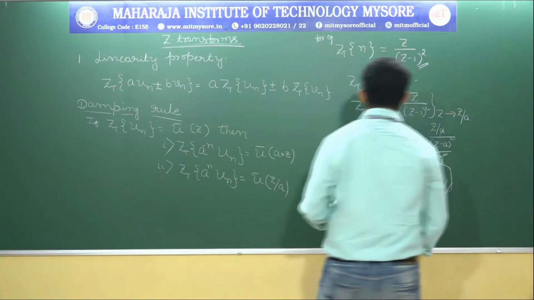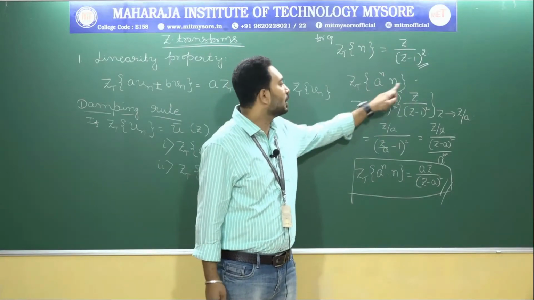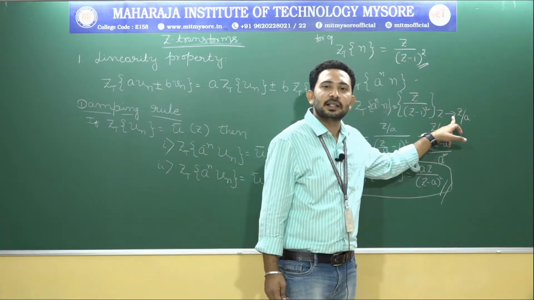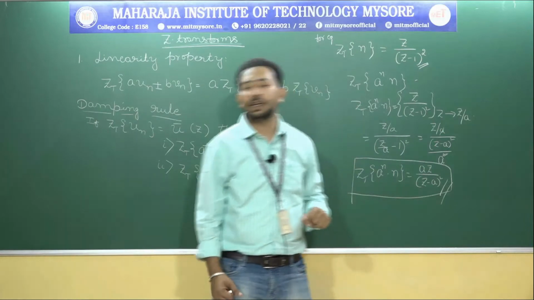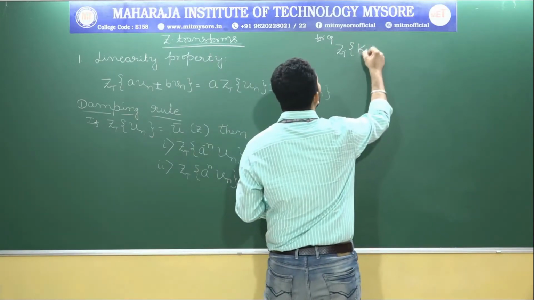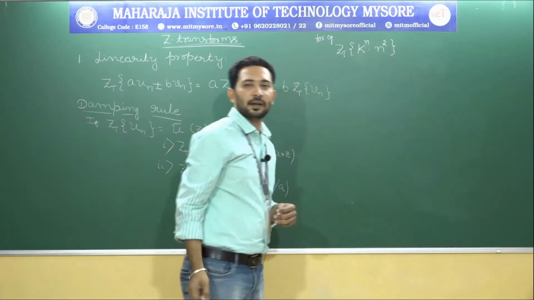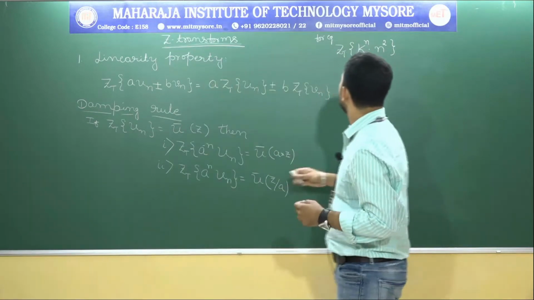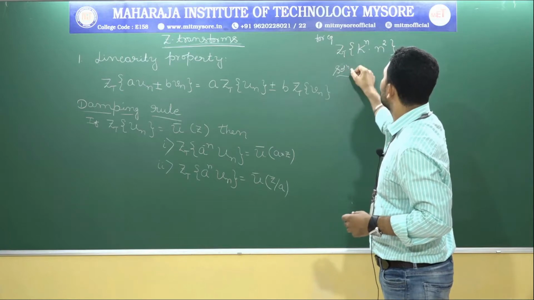Similarly, if they have mentioned a power minus n into n, then we need to replace z by z into a or a into z. Similarly, if they ask to find k power n into n square, to prove k power n into n square, then solution.